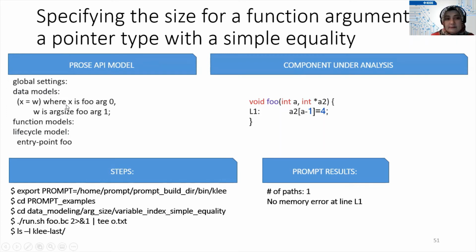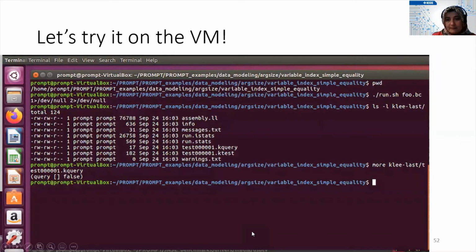Since we define this relationship like this, we can use the expression a minus 1 as an index, and we would not get any memory errors. To reproduce this, again, you need to go to the argsize directory, but this time to the variable index with simple equality. And if you look at the results, we get only one test case and no errors. Again, we don't have any path constraint because we didn't have any if statement.